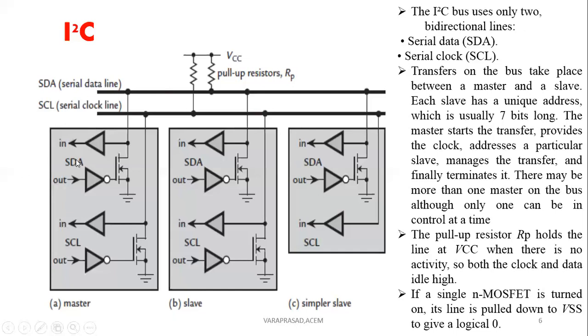If the signals are present, then the NMOS will be operated, that is the on condition, and it will act as a short circuit. Short circuit means SDA and SCL are pulled down to VSS, that means connected at logic 0. So that is I squared C.